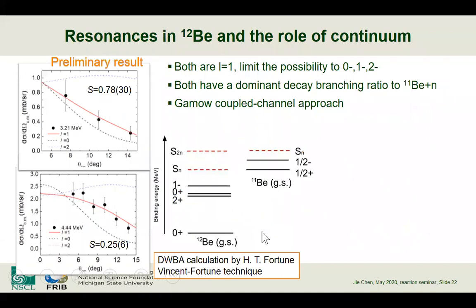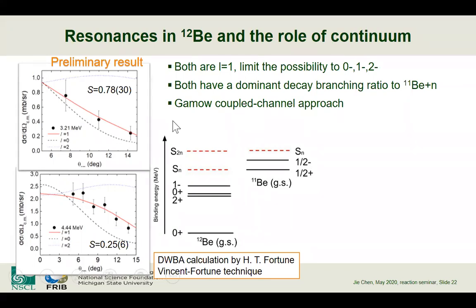So gated on these 2 states, we can get the cross sections of these 2 states and compare to the DWBA calculations from Terry Fulton. Using the Vincent Fulton technology, we can see that both states agree quite well with the L equals 1 angular momentum transfer.